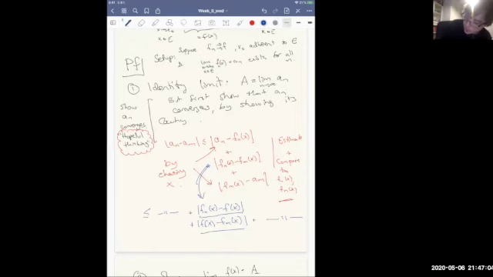Let's choose an N so that |f_n(x) minus f(x)| will be less than epsilon over 4 for all n bigger than N. Now, if n and m are bigger than or equal to N, then we get this bound: |a_n minus f_n(x)| plus epsilon over 4 plus epsilon over 4 plus |a_m minus f_m(x)|.